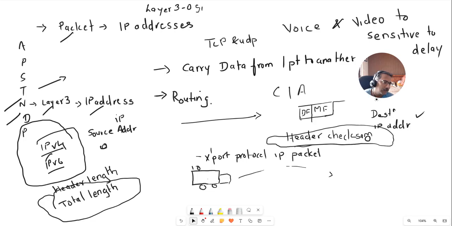Correct? So that numbering has to be there. Similarly, when a packet reaches the other side, it is quite possible that a single message is divided into multiple fragments, and those fragments need to be reassembled at the receiving end properly in the same order. That is done with the help of the fragment offset. What is it called? Fragment offset.